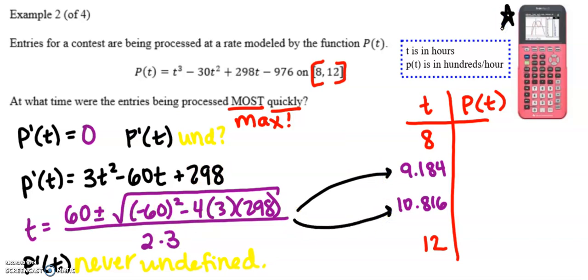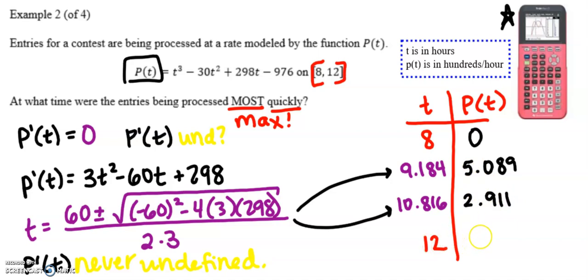Now I need to substitute those values back into P of t to see what my outputs are. Well, P of 8 ends up being 0. P of 9.184 ends up being 5.089. You can check my math if you want. P of 10.816 ends up being 2.911. And then P of 12 is equal to 8.